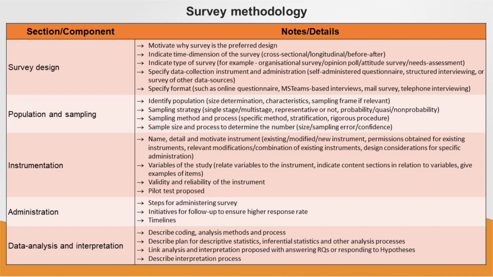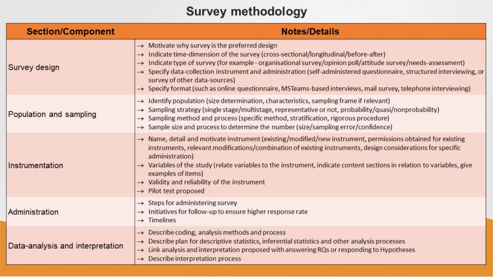And then the specific method and process, like what the method is, what the stratification is, if that is relevant, and a rigorous description of the procedure. And ending with the sample size and the process to determine this number. And if relevant, cover things like sampling error and level of confidence.